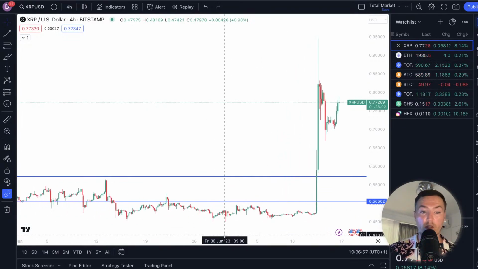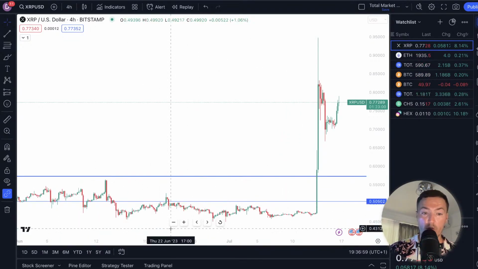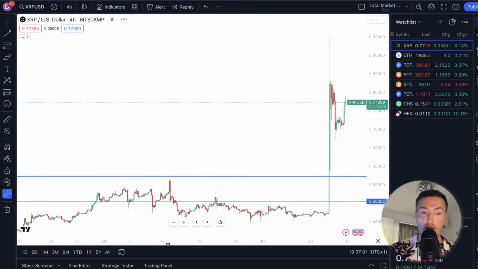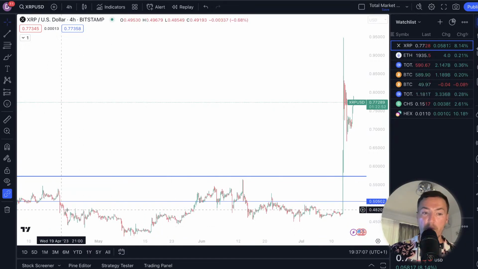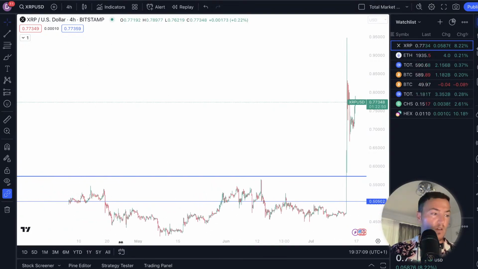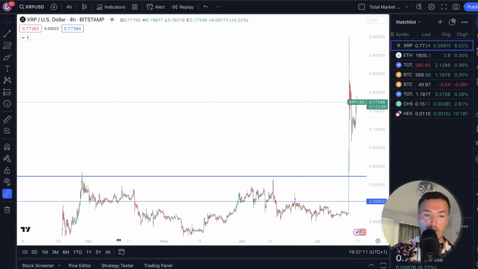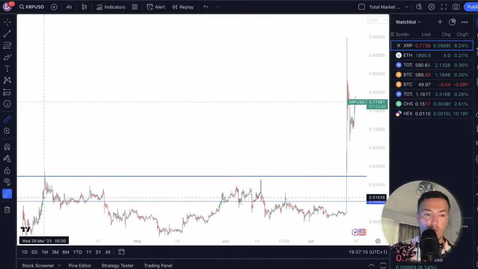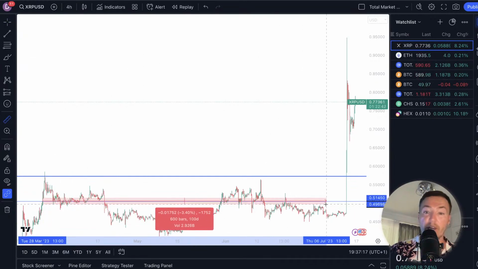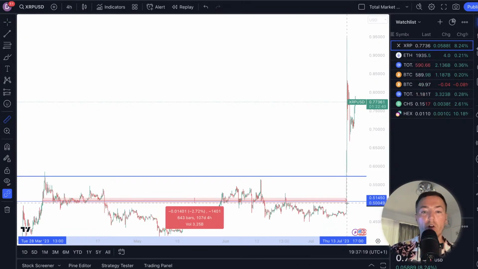Literally the last few weeks has been zero action in XRP. Look at this, just sideways, nothing. Absolutely nothing for over 100 days.